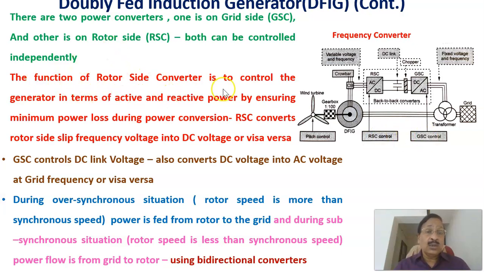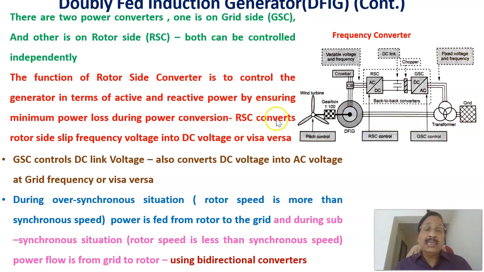The function of the rotor side converter is to control the generator in terms of active and reactive power by ensuring minimum power loss during the power conversion. To ensure minimum power loss, we can control this RSC in terms of the required active and reactive power.